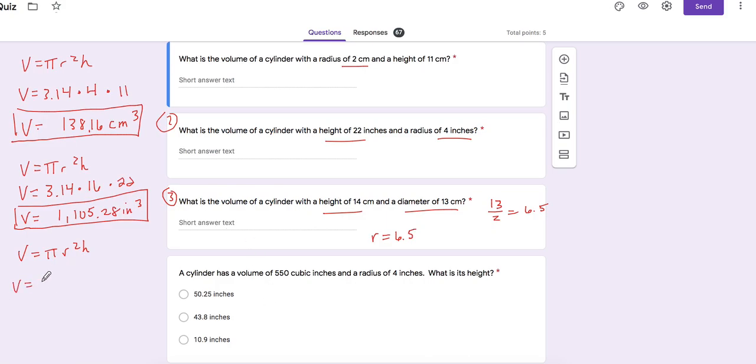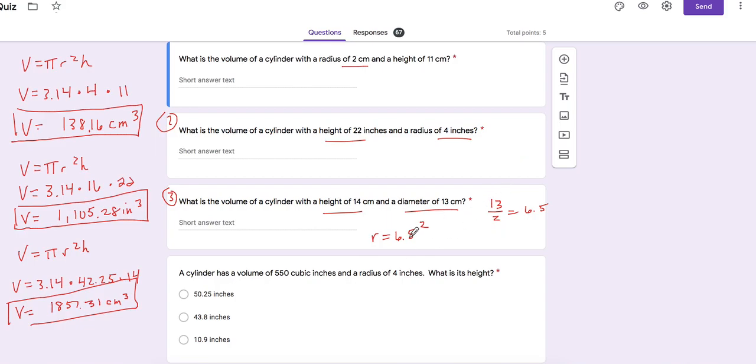Volume equals 3.14 times 42.25 times the height of 14. I got this 42.25 when I did 6.5 squared. Now just do the math here. We get 1,857.31, and that's going to be centimeters cubed.